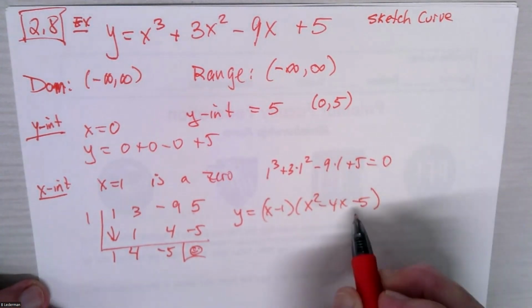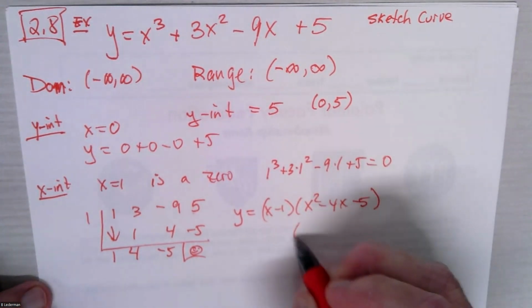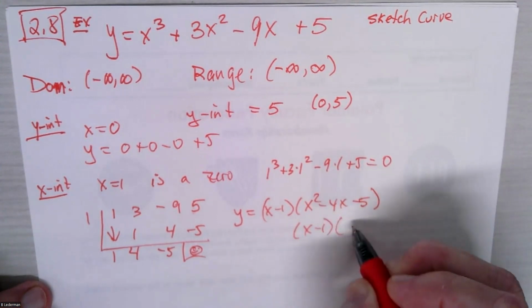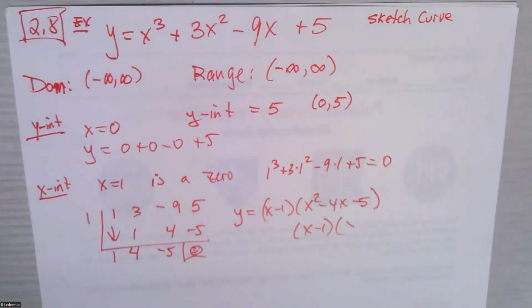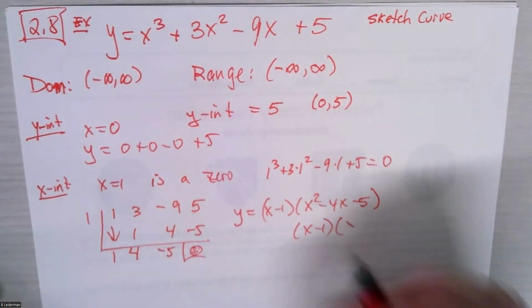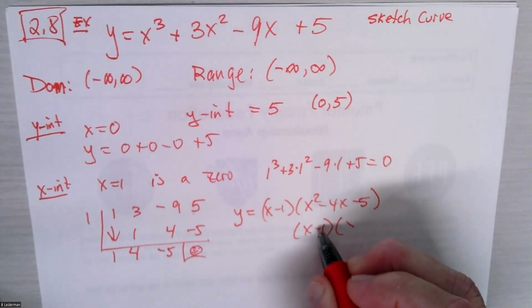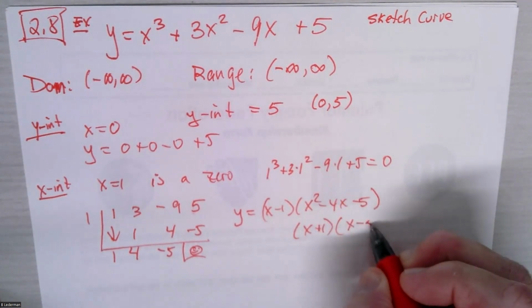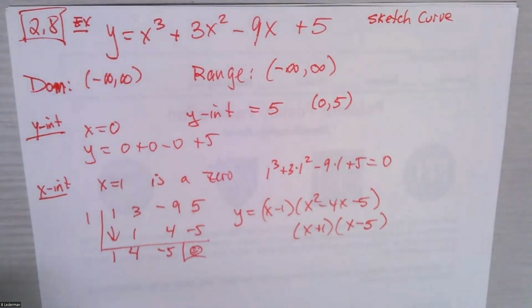And this is a quadratic, which is easy enough to factor. The factor is x minus 1 times x, pardon me, x plus 1 times x minus 5.